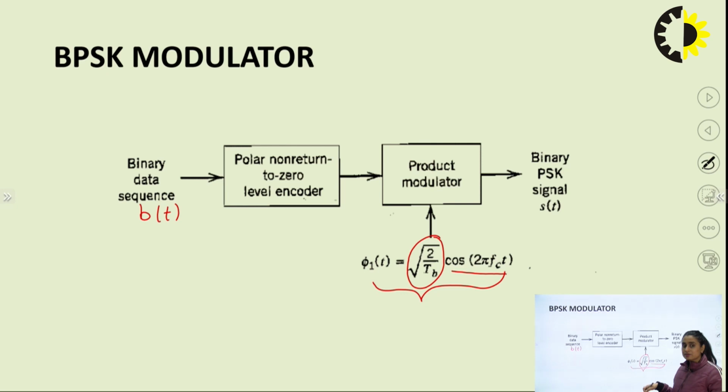In the modulated waveform, the amplitude must be similar to that of the carrier, right? So whenever I'm passing bit 0, it is going to raise the level to some negative value, and for bit 1, positive, right? And when it passes through the product modulator, what I get is a binary PSK signal.